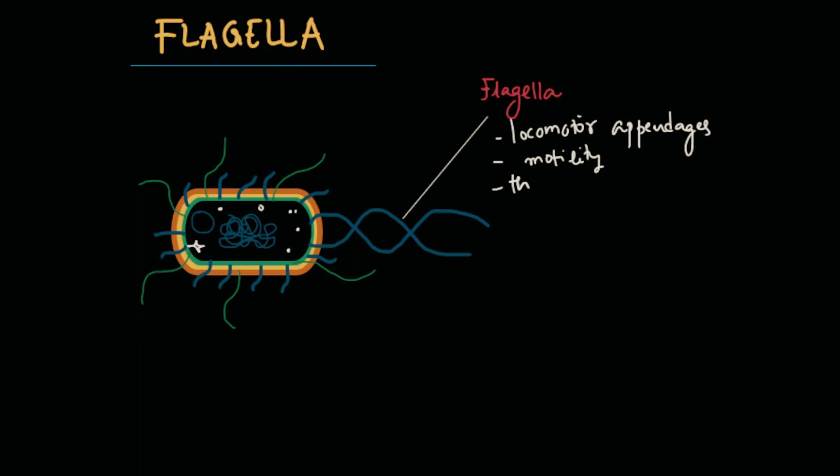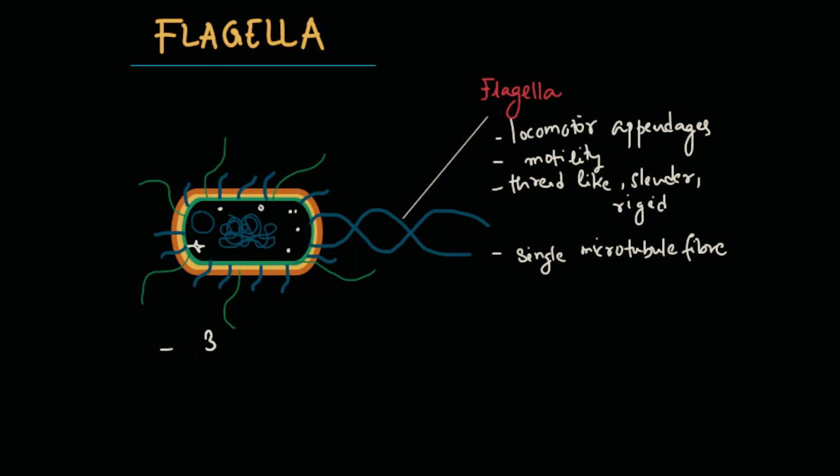They are thread-like, slender, and rigid. The prokaryotic flagella is made up of single microtubule fiber. When we study about eukaryotic cells, we will see that the case is different in eukaryotic flagella.